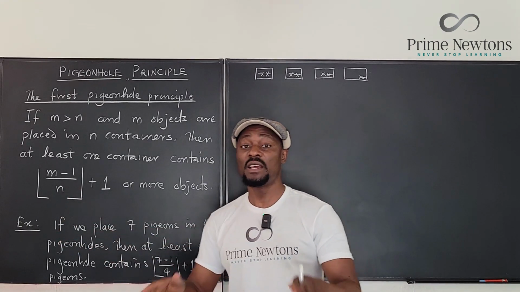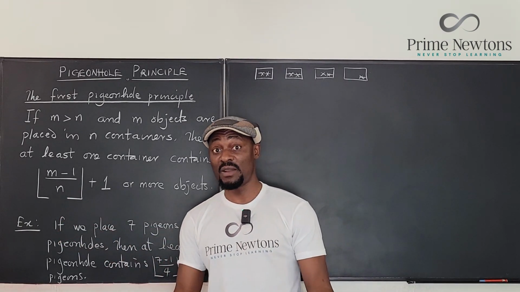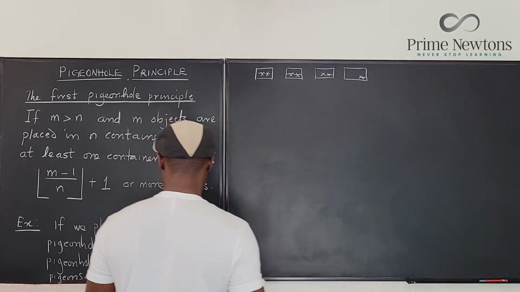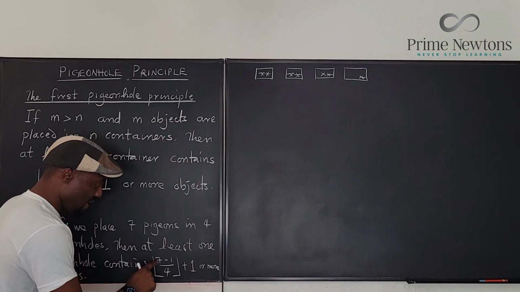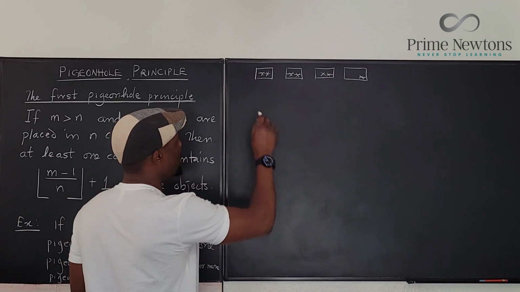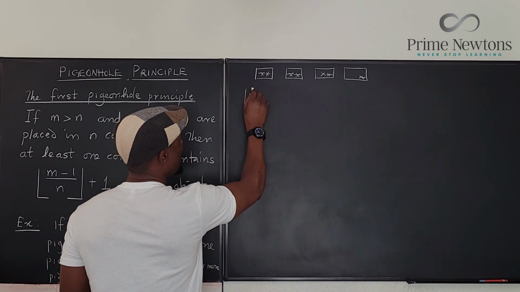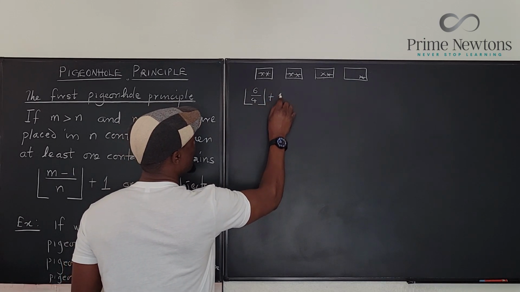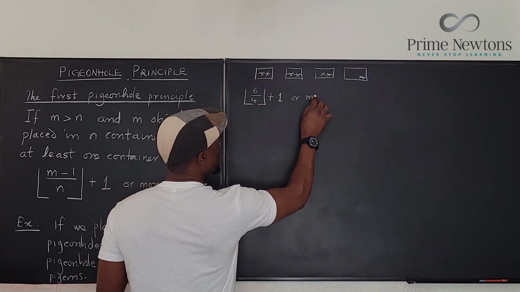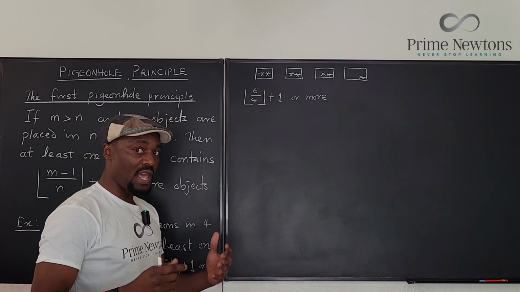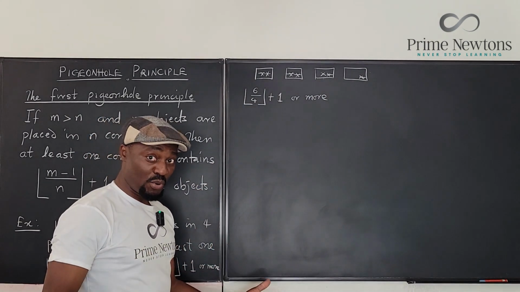Now, what's this number? This is the floor, the greatest integer less than or equal to what you got. Based on our calculation, this is going to be 7 minus 1 over 4. So the number we're looking for here is the floor of 6 over 4, plus 1 or more. And what is this? 6 divided by 4 is 1.5.